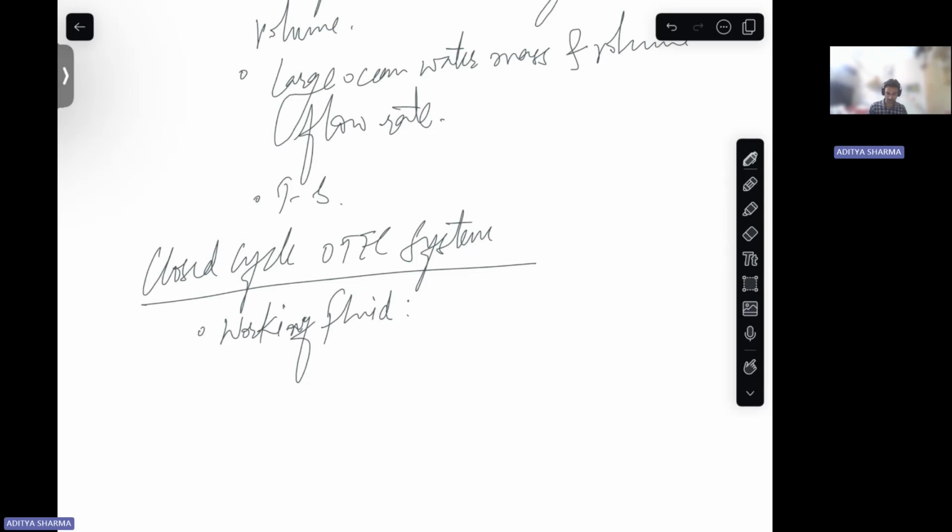So ammonia or propane or freon is used as a working fluid.